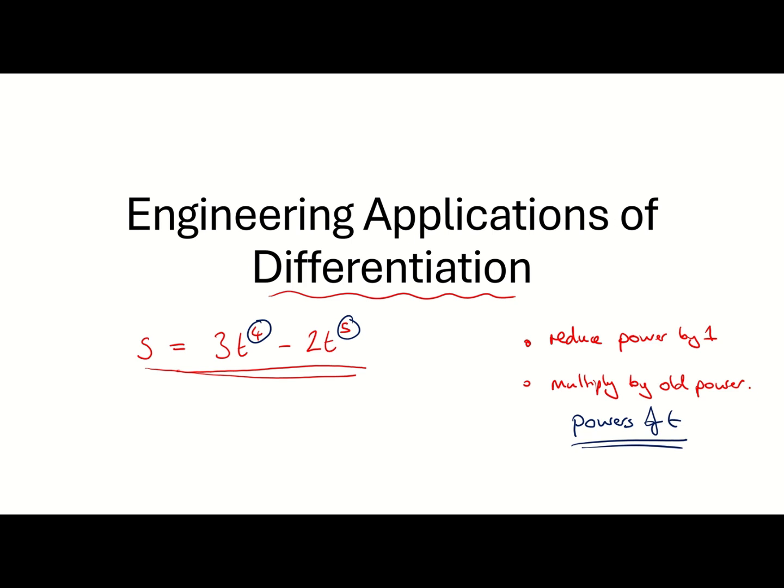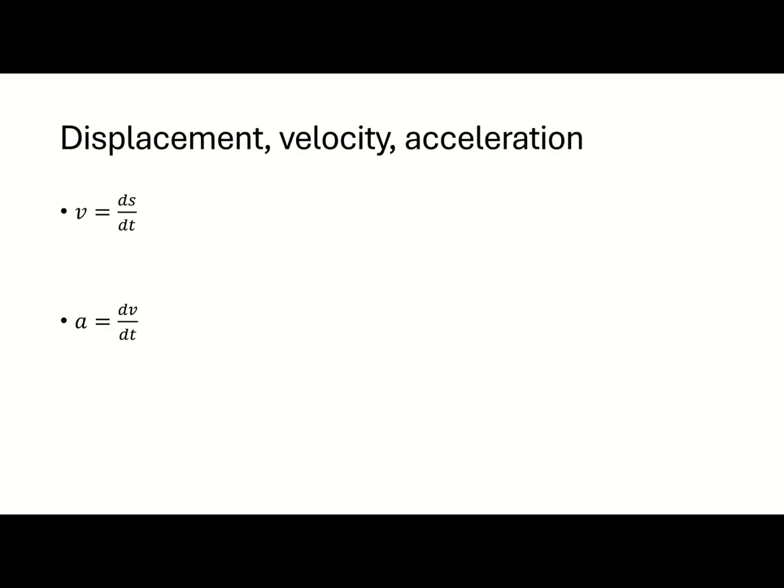All right, so what happens if we were to differentiate displacement with respect to time? Well, if you remember from one of our earlier videos, we talked about this as velocity, didn't we? Velocity is how displacement varies with time. So if we ever want to know velocity, as long as we know an equation for the displacement in terms of time, we can differentiate it.